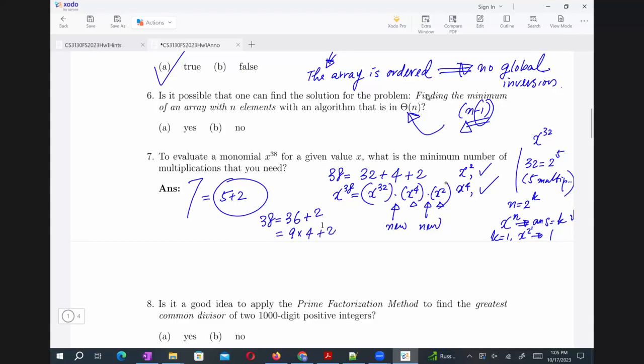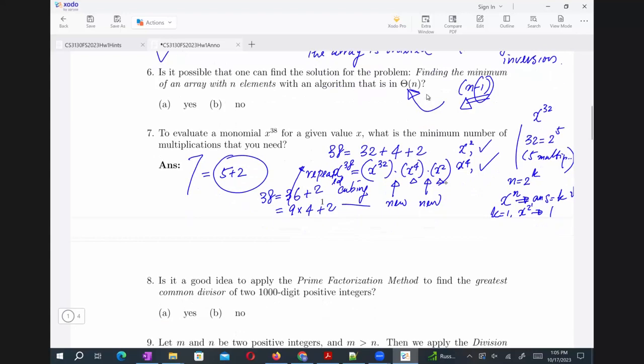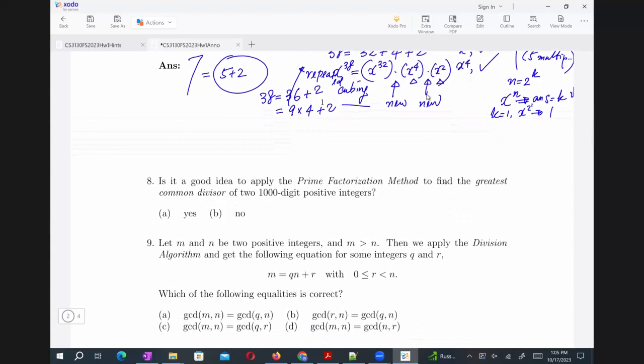For 9, we can use repeated cubing. In this way, you also get 7. Sometimes one way could be better than the other, repeated cubing or squaring.